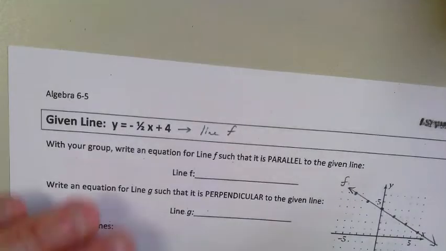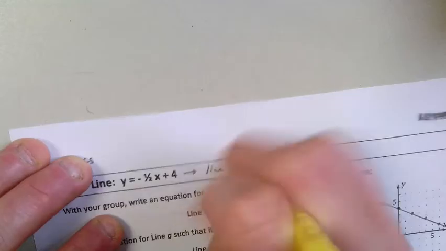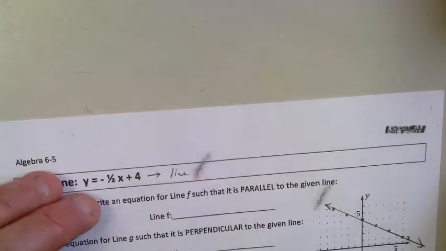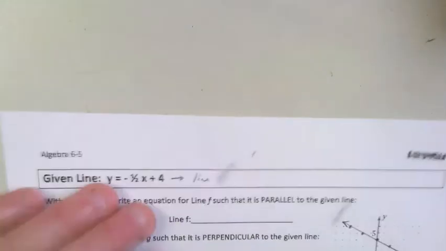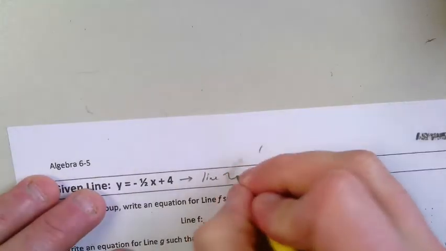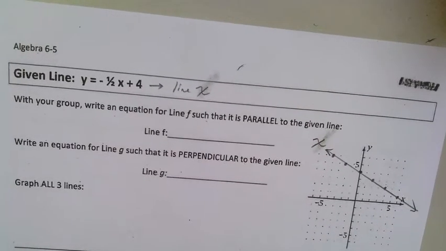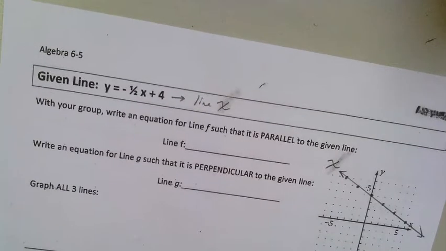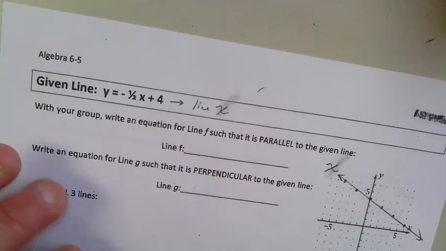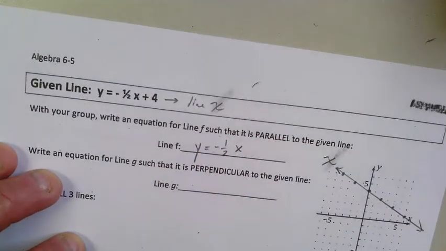Okay. We want F that's going to be parallel to it. So let's just go ahead and mark this as line X. All right, I'm going to say line X. Now I need to write an equation that's parallel to that. Well, we said parallel has to have the same slope and different y-intercept.